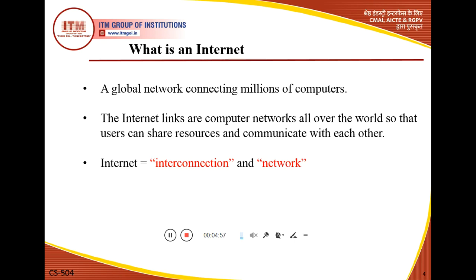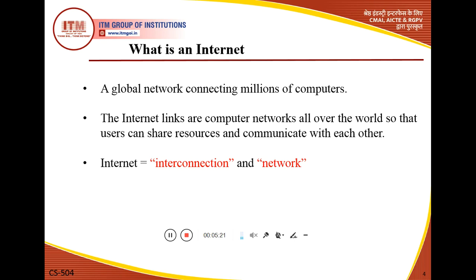Basically, networks can be divided into types. I think you already know these types. First one is LAN, second is MAN, and third one is WAN. Full form of LAN is local area network, MAN is metropolitan area network, and WAN means wide area network.